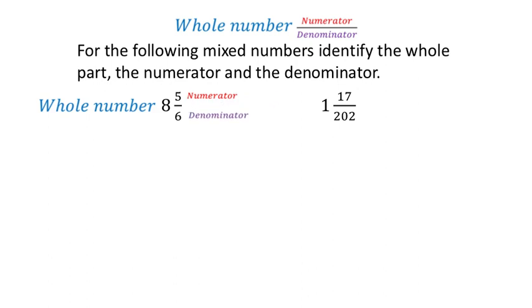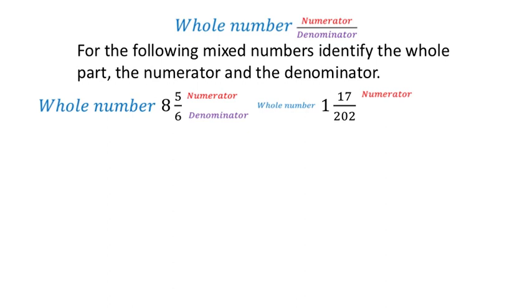Okay? So let's do this other one as well. Try not to overlap it, but they still might, and that's okay. So here, 1 is the whole number. Okay, that's a little better. 5 is the numerator. I'm sorry, I was looking at the last one. In this one, 17 is the numerator because it is at the top.